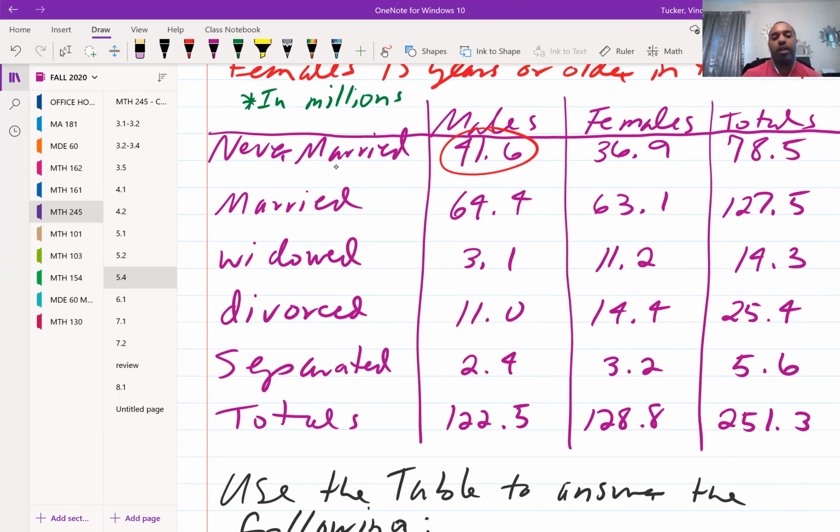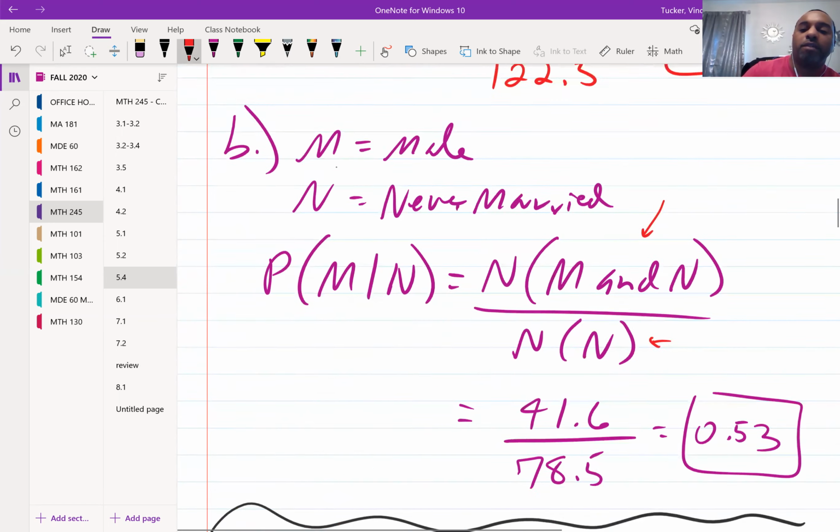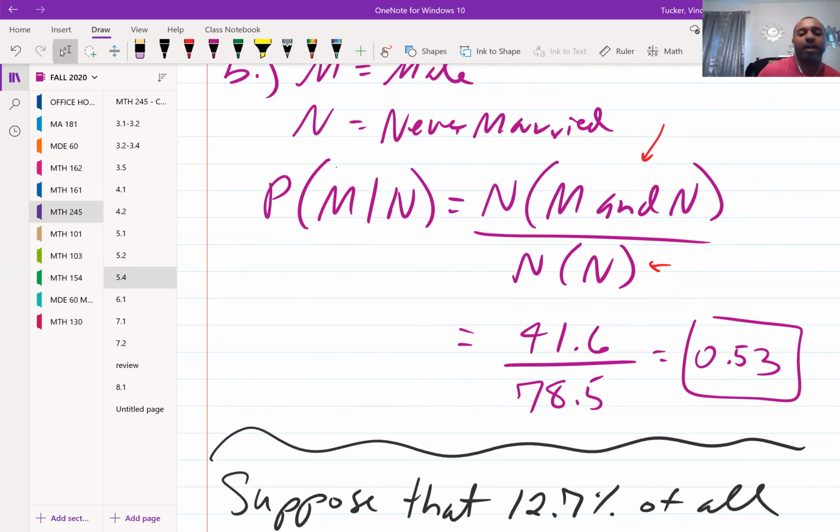So we already know that males and never married is 41.6. But then the total number of never married, hold on, which one are we looking for again? Yeah, the total number of never married is 78.5. That's over there. So you should have 41.6 over the 78.5.